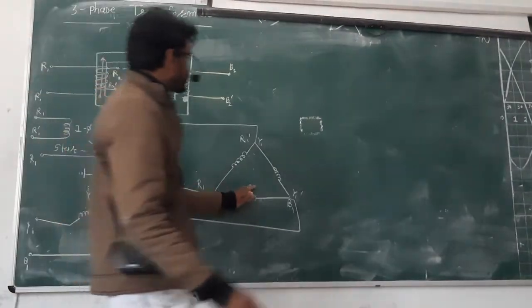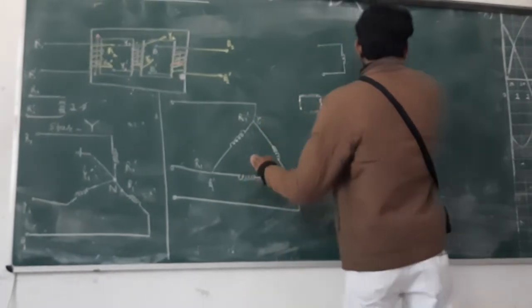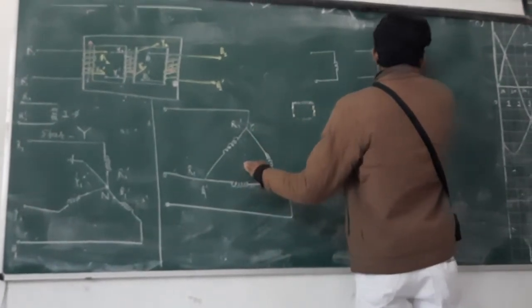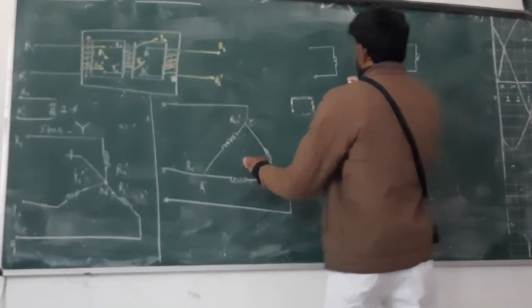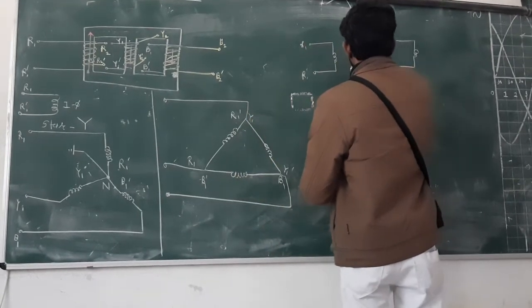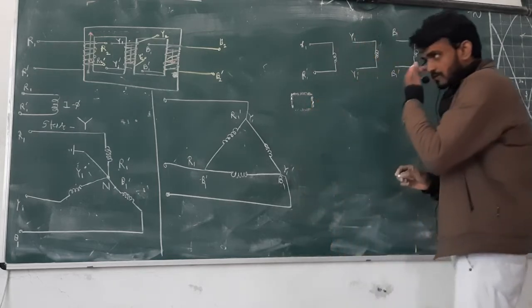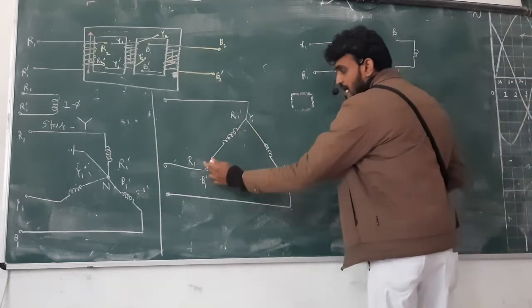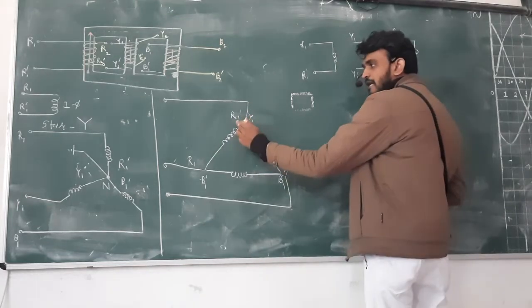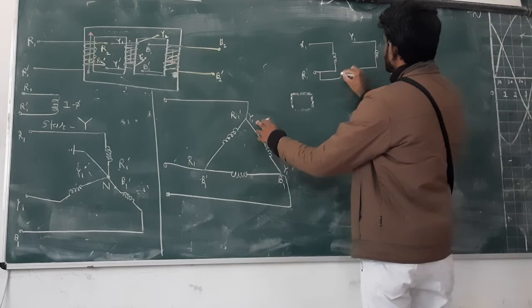So now I want to draw the same connection here in this way. Okay. So this is R1 dash, Y1 dash, B1 dash. Okay. So see, R1 dash connected to the Y1.